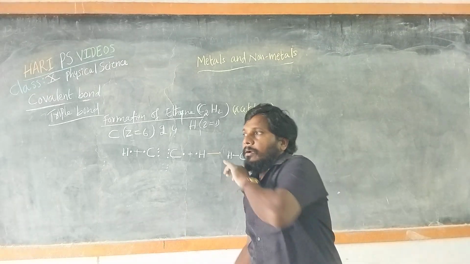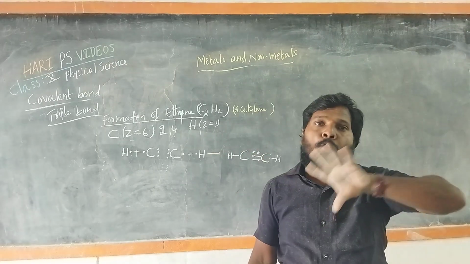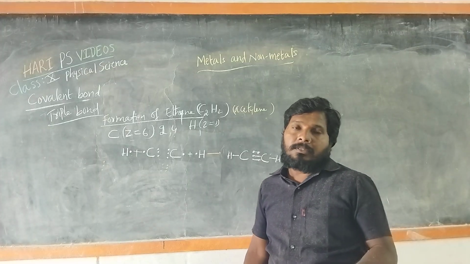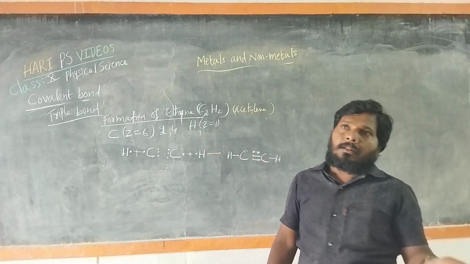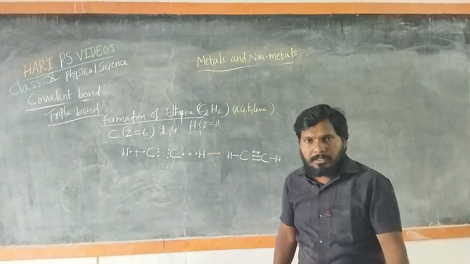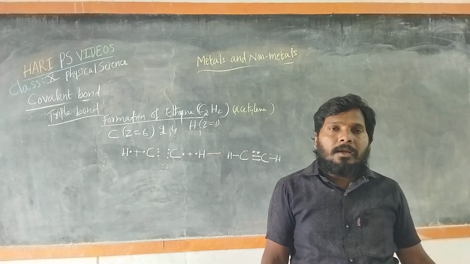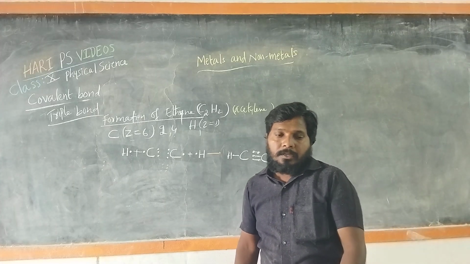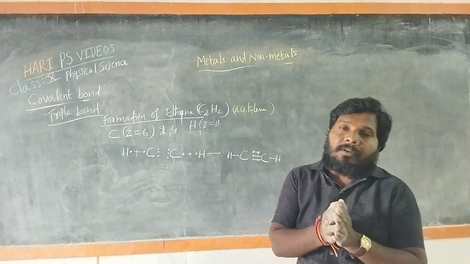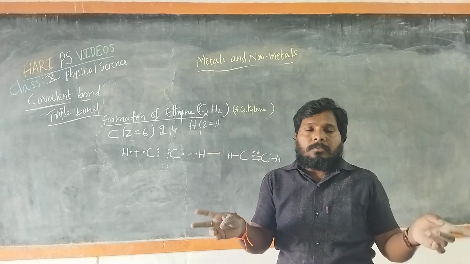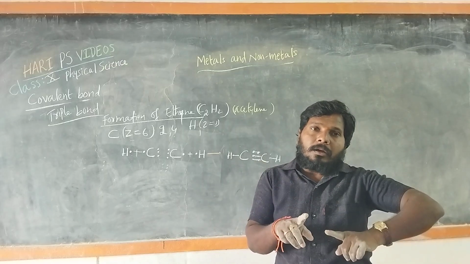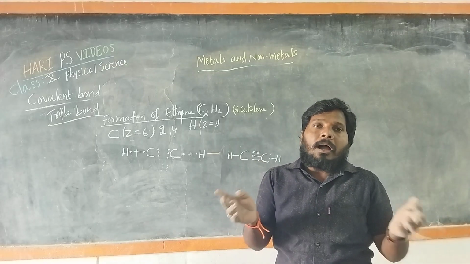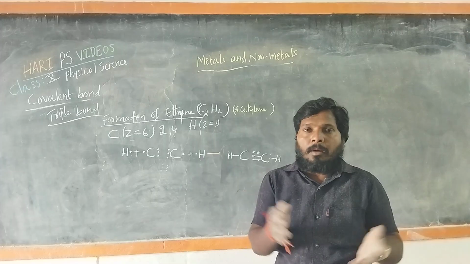So finally we have discussed the covalent bond. Later, if time permits, we will discuss 2 more bonds, hydrogen bond and metallic bond. By the sharing of electrons, 2 atoms are involved in a chemical bond and form their respective compounds.